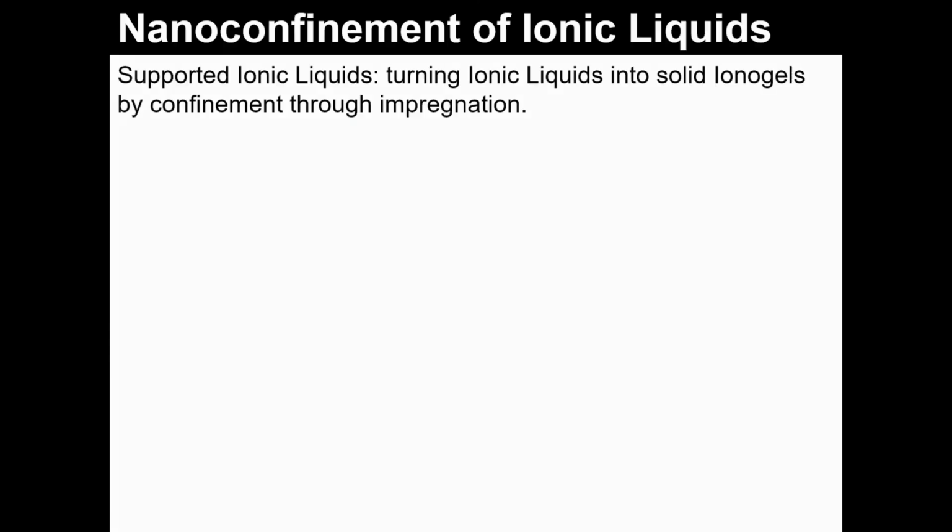So let's now see how we can fix the ionic liquid on the surface of solids, or trap the ionic liquid in a polymer matrix. In general, we call it immobilization of the ionic liquid. We can think of nanoconfining the ionic liquid on nanoporous materials through impregnation.